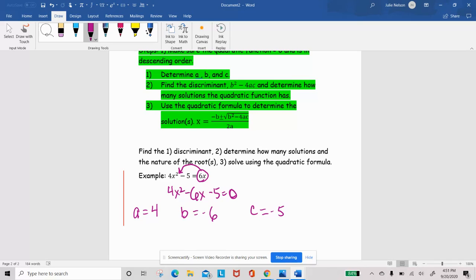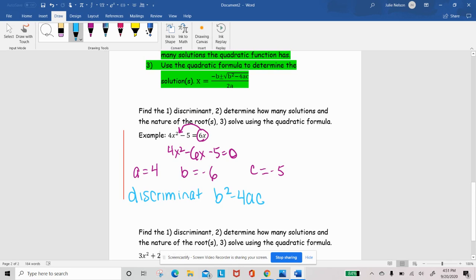Let's go ahead and figure out what the discriminant is. I want you to pause and take a second to figure out what b squared minus 4ac would equal. Would it be greater than 0, equal to 0, or less than 0?